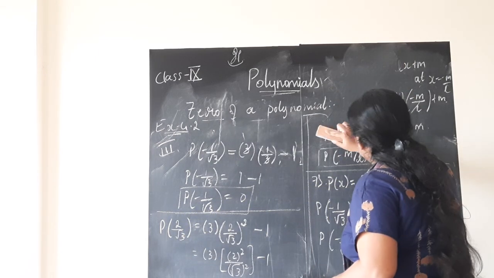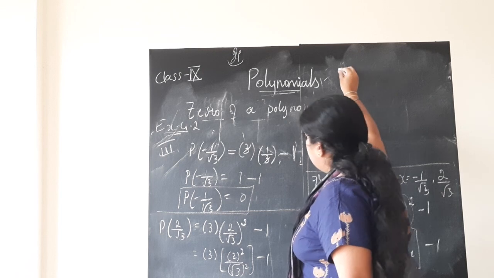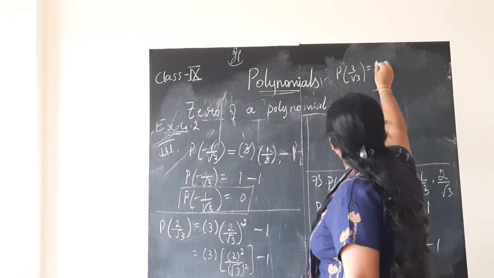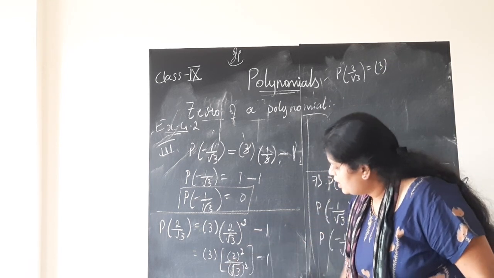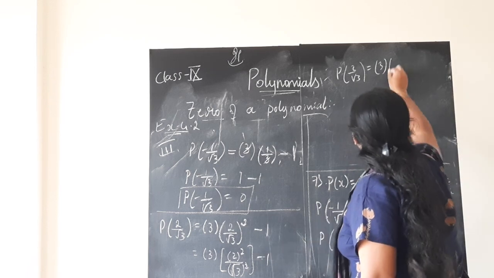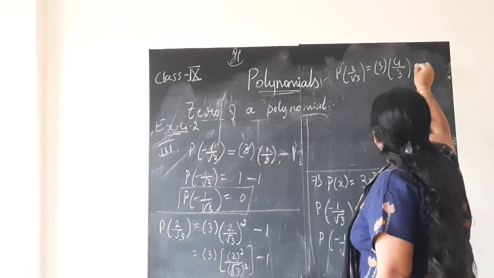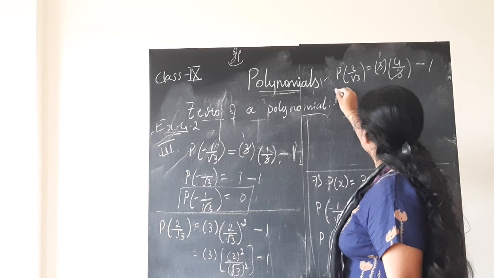What will happen in the next step? P of 2 by square root 3 is equal to 3 as it is in the first bracket. See here also the square root will get cancelled, so I am left with only 3. 2 square in the numerator is 4, children, divided by 3, and this minus 1 as it is.